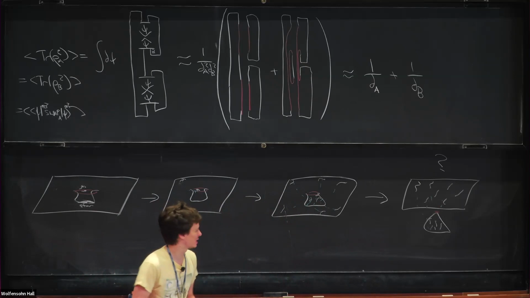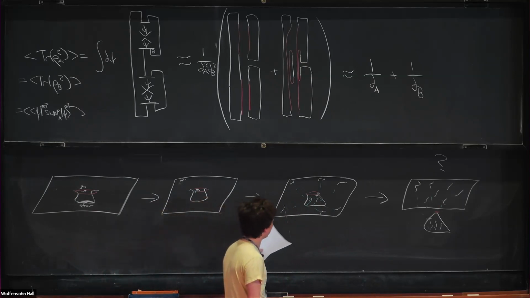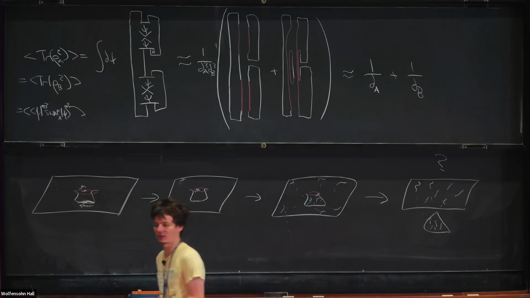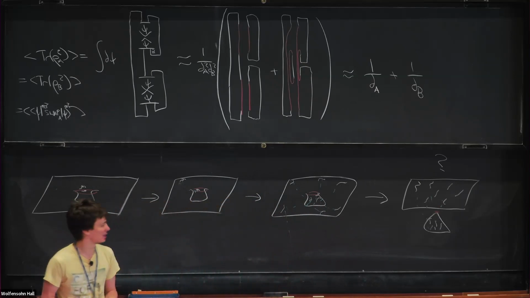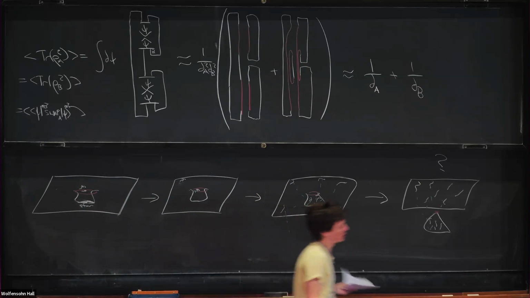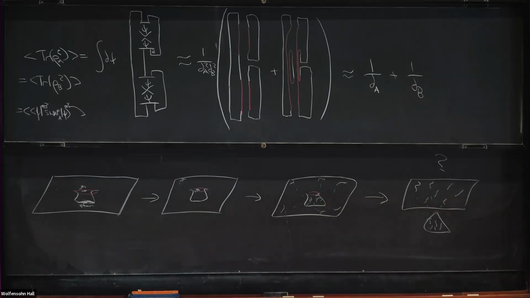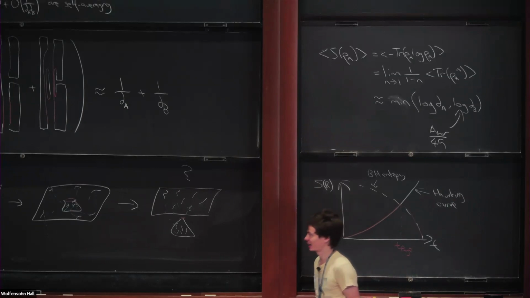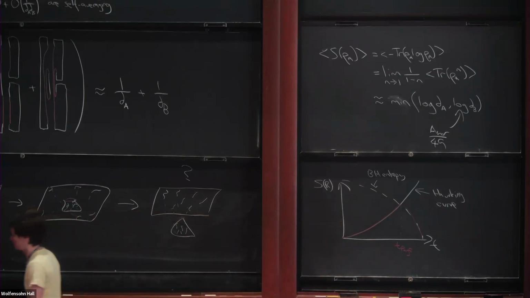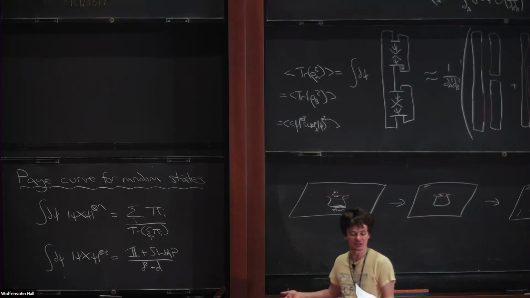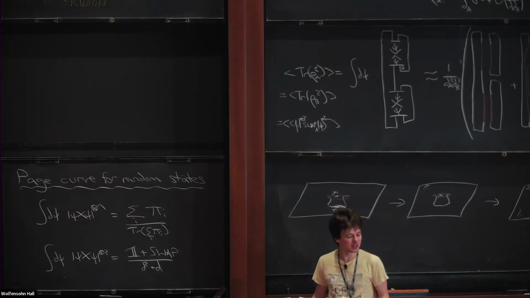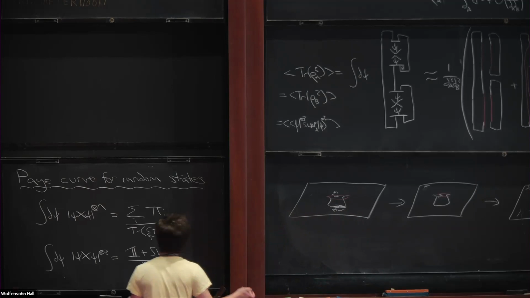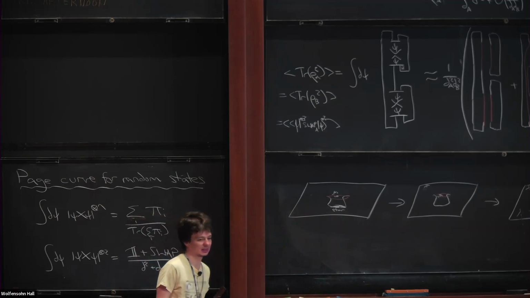So the question is, if we can't trust this as a computation of the entire density matrix up to small error in trace norm, then is there any way we can still do a controlled calculation of this entanglement entropy curve? And the answer, fairly obviously from looking back at our random state calculation, is sure, why not? Right? We know how to do that computation. All we do is, let's forget about the entanglement entropy for now.